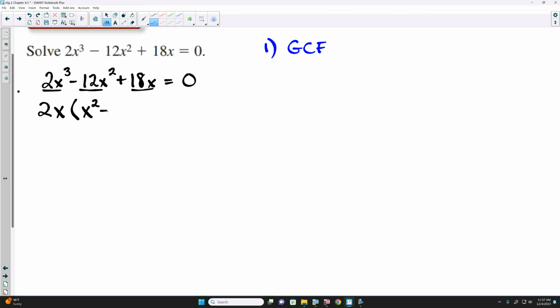Minus, if we factor 2 out of 12, 12 divided by 2 is 6, and if we take 1x away from x squared, we're left with x. Plus, 18 divided by 2 is 9, and the x factors out completely, leaving us with 2x times x squared minus 6x plus 9.